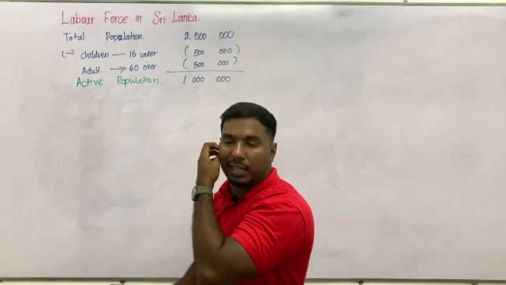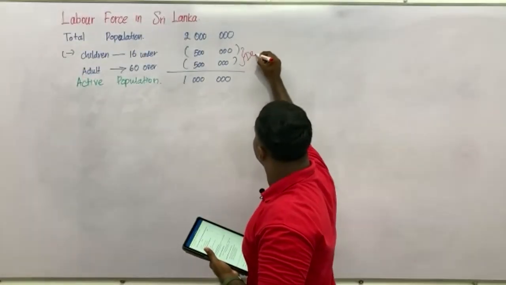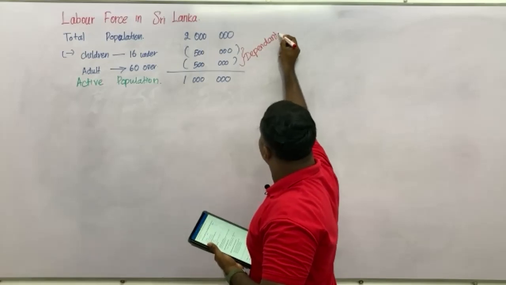If we remove the children and elders, we get the active population. So the remaining people are the active population. And these people are the inactive population, right? No, we have a better name for them. These people are dependents. The dependent population.